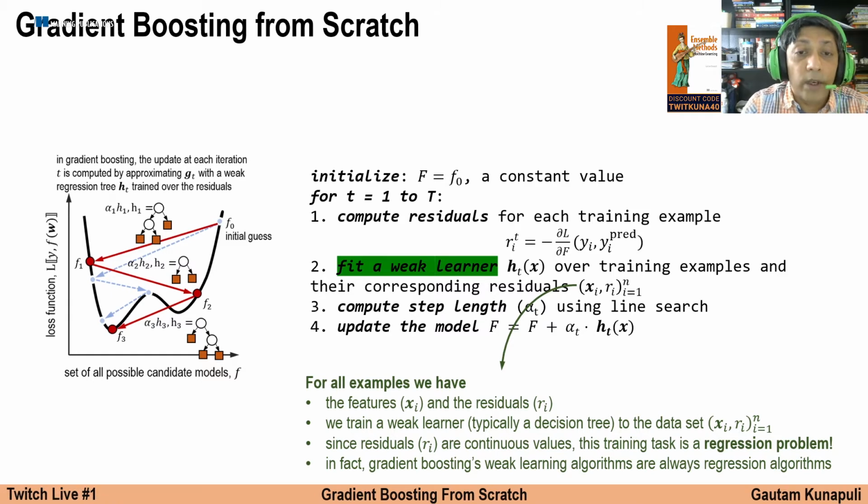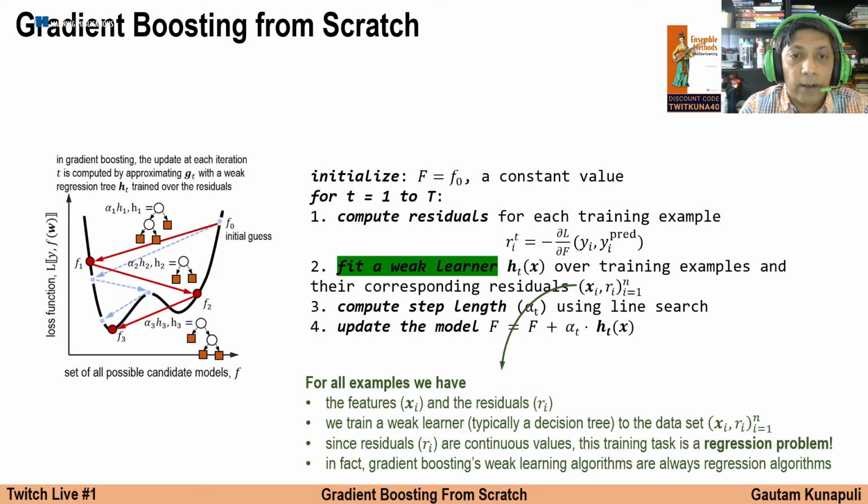And so what this is going to allow us to do is learn an approximation to the gradient at F0, which is where we are currently, right? And so this can be used now to fit a weak learner over our training examples.